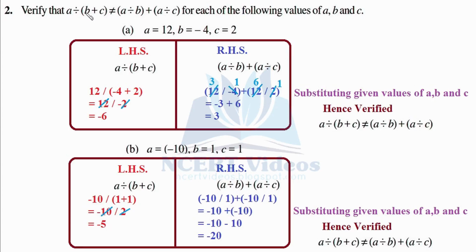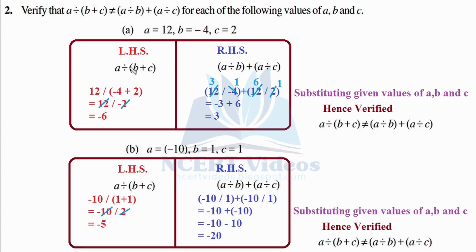So what we are doing here, we are taking the values of A, B and C and putting them in this equation. This is your left hand side and this is your right hand side, as we did in previous questions.